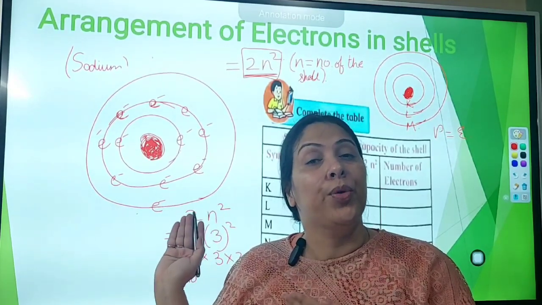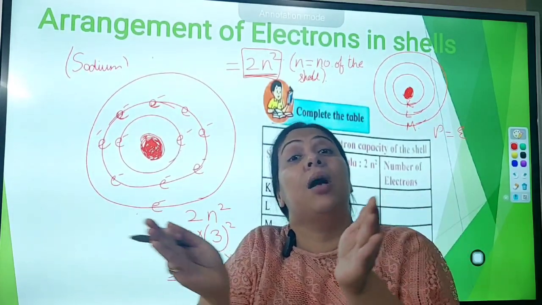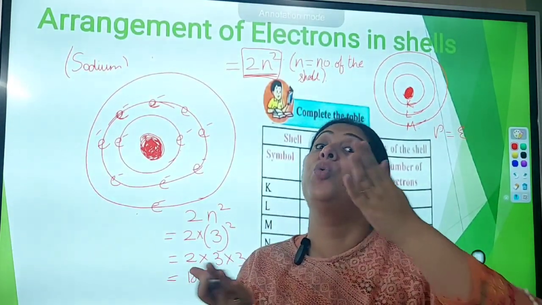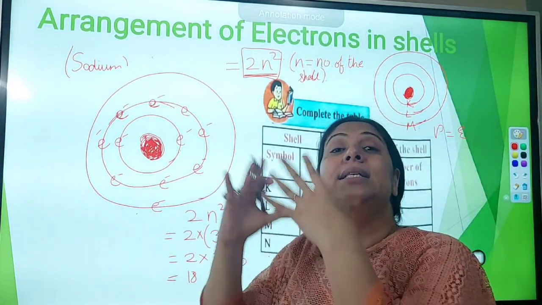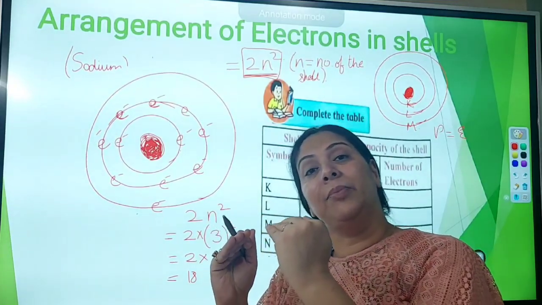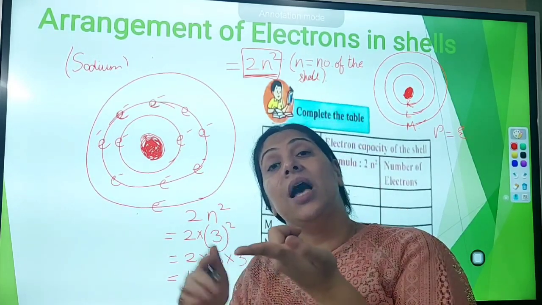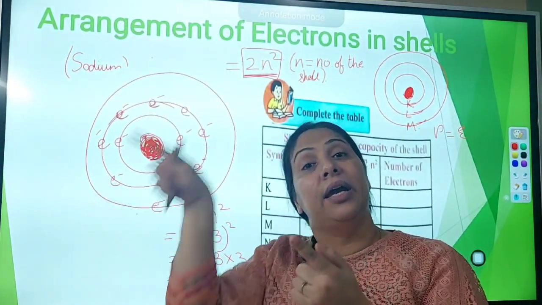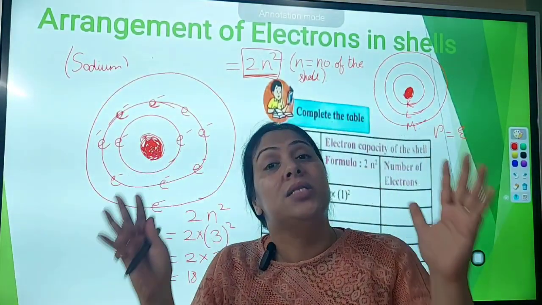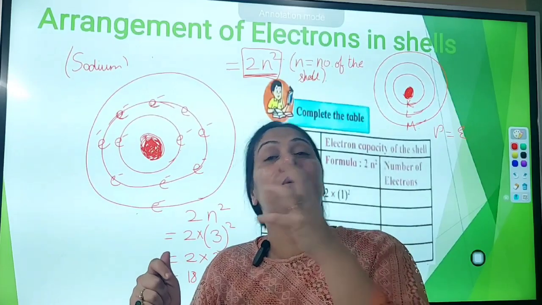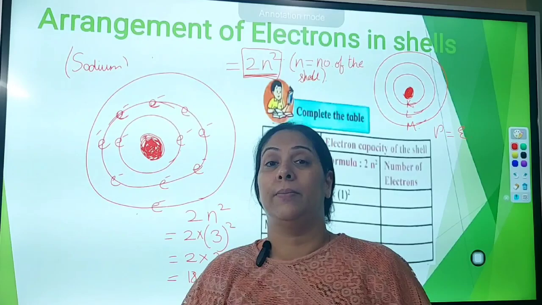What will this formula tell you? The capacity of each shell. There can be fewer in that shell, depending upon which atom you take, but overall it cannot exceed. If a shell has a capacity of 8, it will take only 8; it cannot exceed. If there are more, a new orbit, a new shell is automatically constructed, and the remaining electron gets placed in the newer shell.